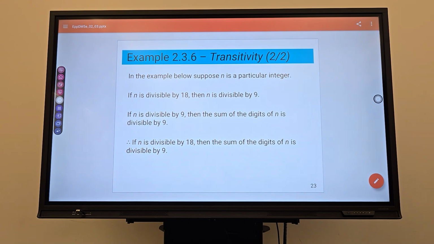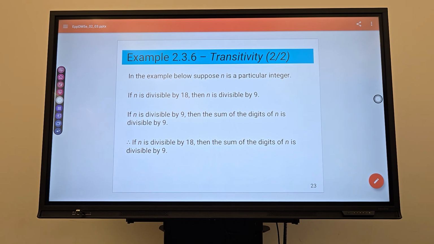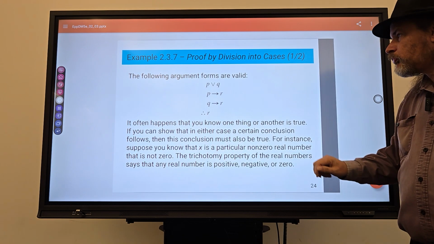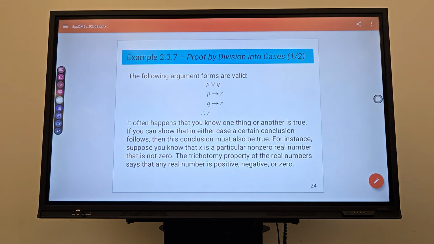If n is divisible by 18, then n is divisible by 9. If n is divisible by 9, then the sum of the digits of n is divisible by 9. Therefore, if n is divisible by 18, then the sum of the digits of n is divisible by 9. If this is true and this is true, then this is true, by transitivity. This argument form is valid.